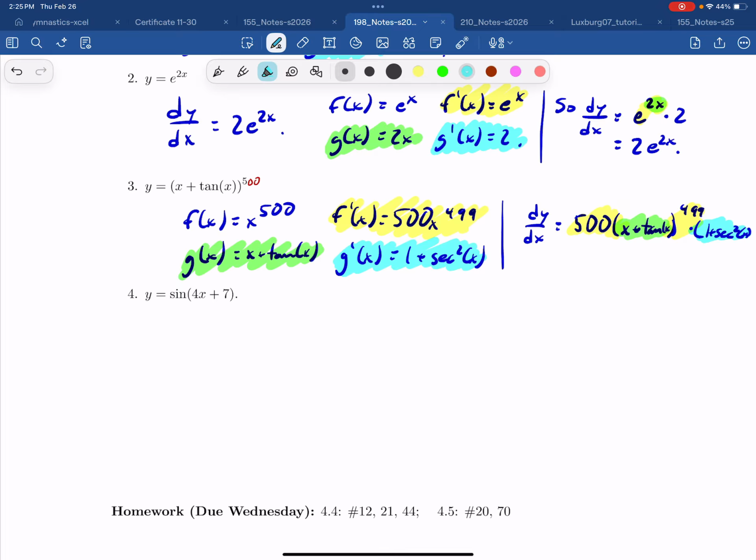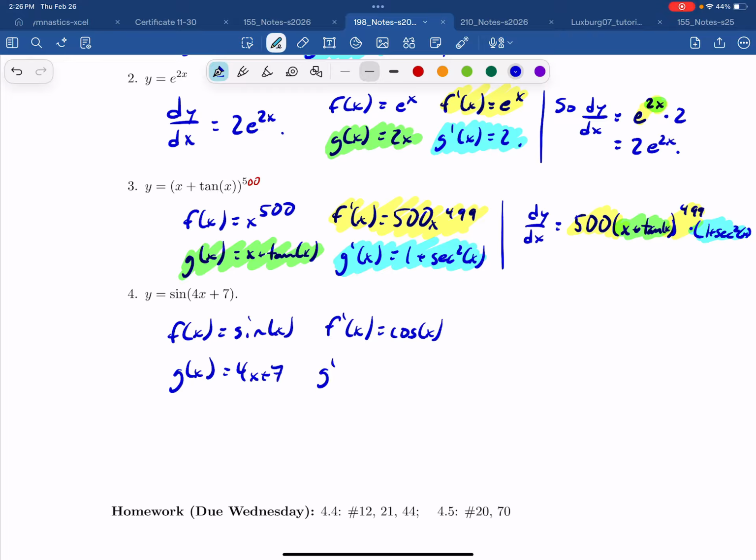All right, and then the last one, try writing out, pause the video and try writing out f and g and f prime and g prime. F of x equals sine of x. G of x equals 4x plus 7. F prime of x equals cosine of x. G prime of x equals 4.